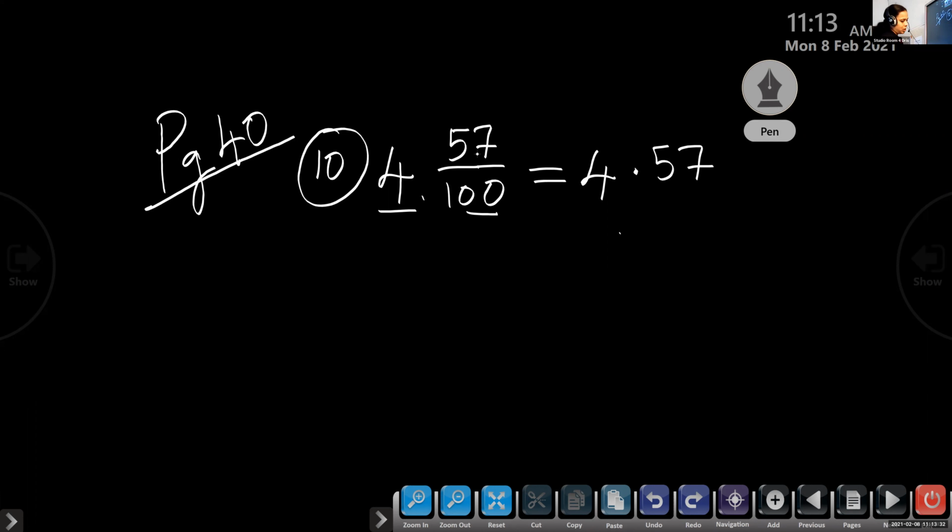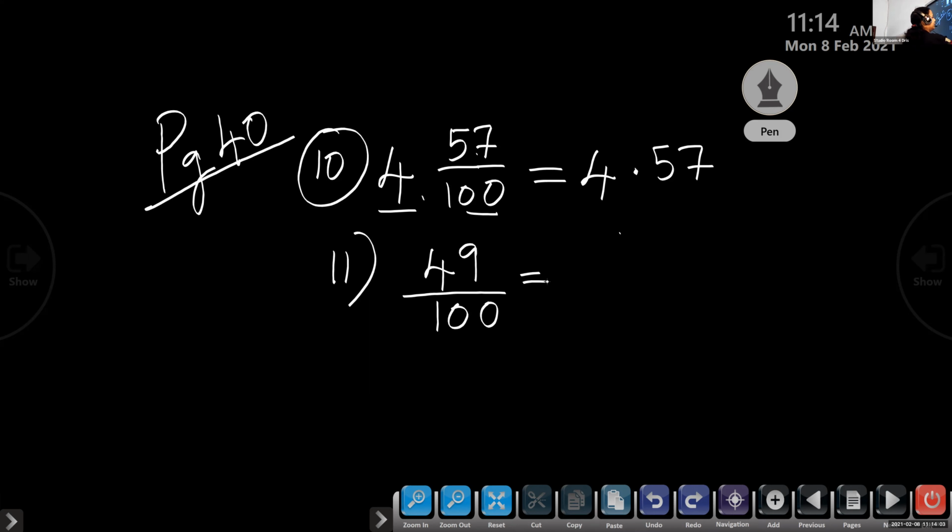Okay, question number 10 done. Question number 11, Binnu, can you read question number 11? Convert the fraction 49 by 100 into its decimal form. How can we write?